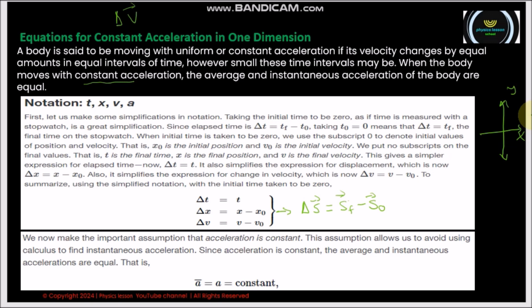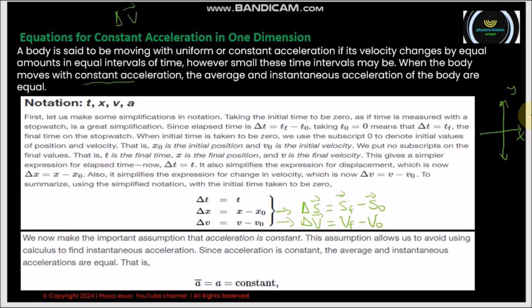The change in velocity is calculated as v final minus v initial.